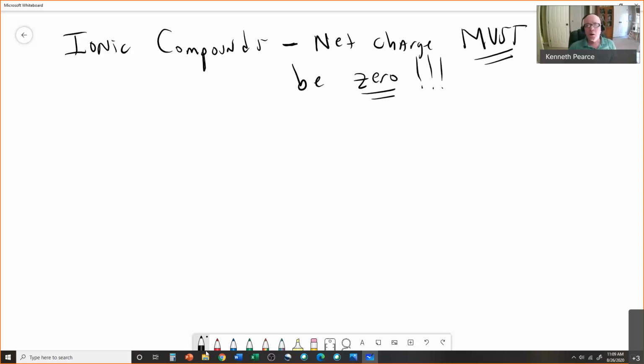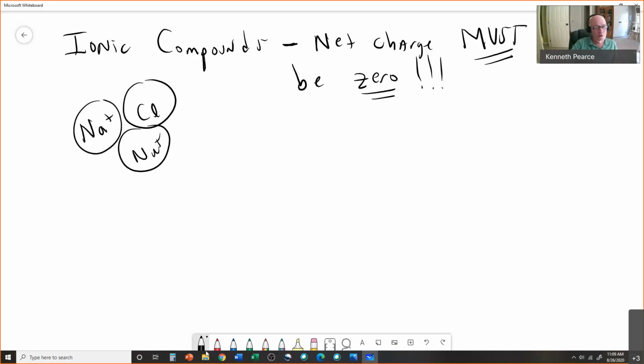Okay. The reason is like this: if you have an ionic compound, it's a collection of positive and negative charges. And if you had a bottle of, say, nothing but sodium plus, without the negative charges to balance out that plus, well, positive charges repel, and the thing would just fly apart, and it would explode.